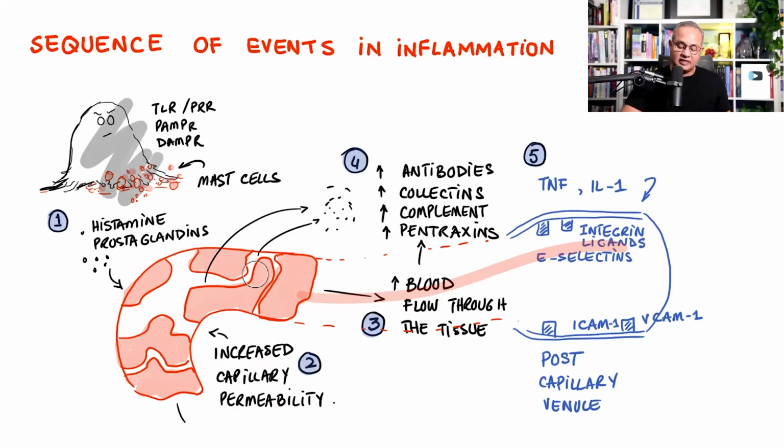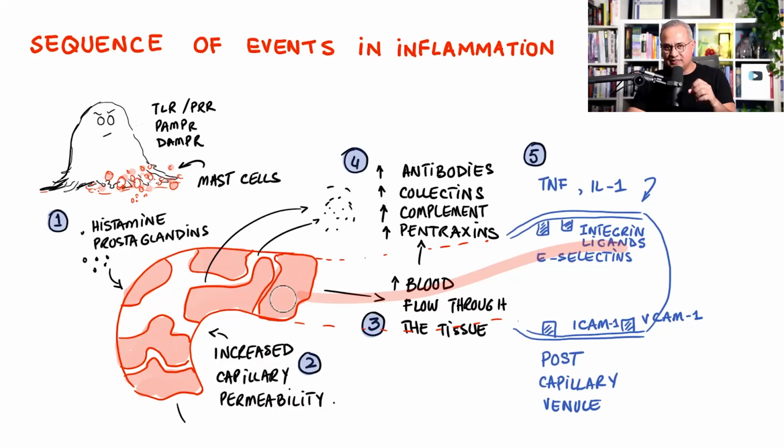So here is a sentinel cell that became activated, and let's say it is a mast cell and it releases histamine and prostaglandins. Those histamines and prostaglandins would work on the local capillaries, the tiny microscopic blood vessels, and the cells of the capillaries would start shrinking to allow space between them that would allow the nutrients and the fluids to move out and fluids to move in.